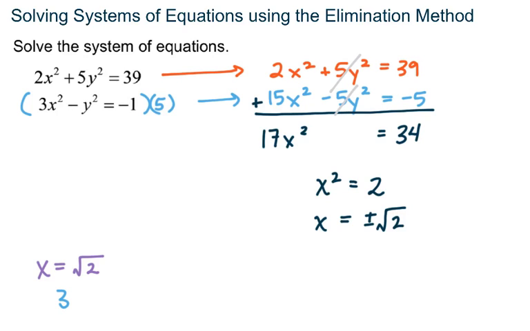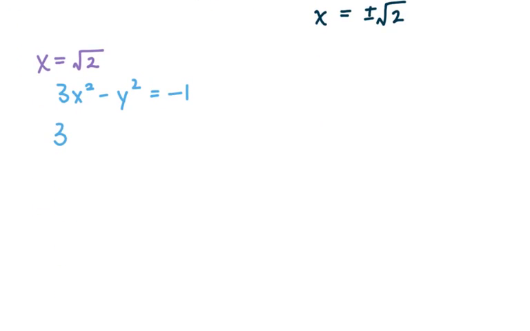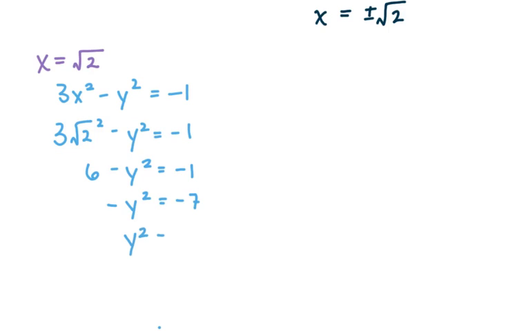We're going to plug that into 3x squared minus y squared equals -1. So that gives me 3 root 2 squared minus y squared is -1, or 3 times 2, 6, minus y squared is -1. Subtracting 6, negative y squared equals -7. Y squared is +7.